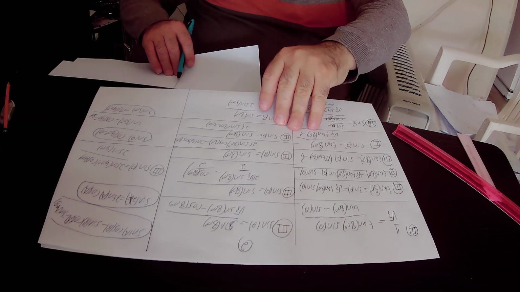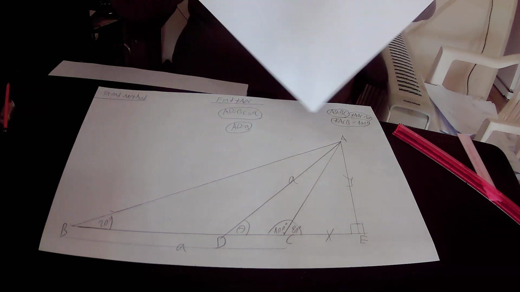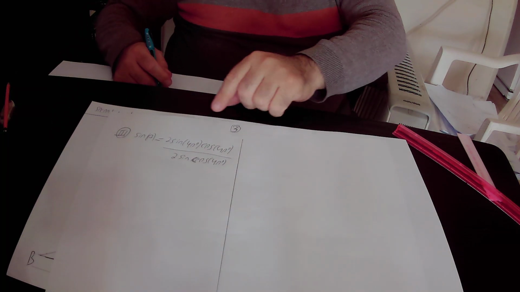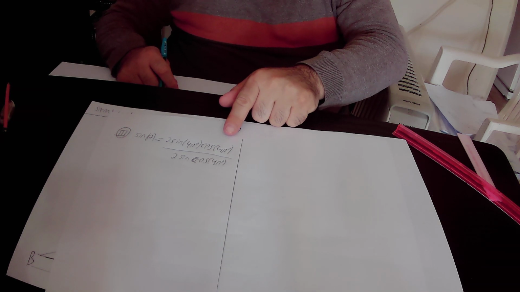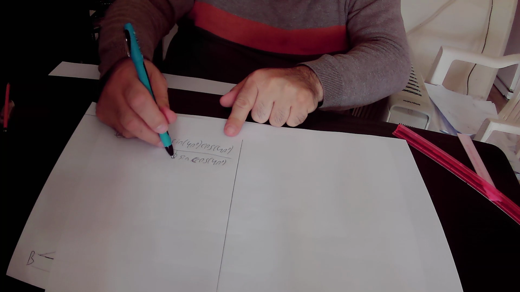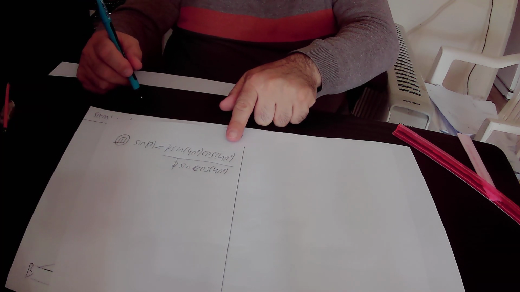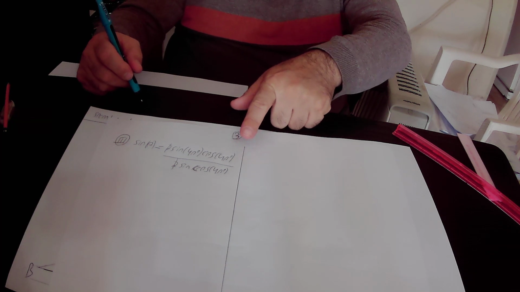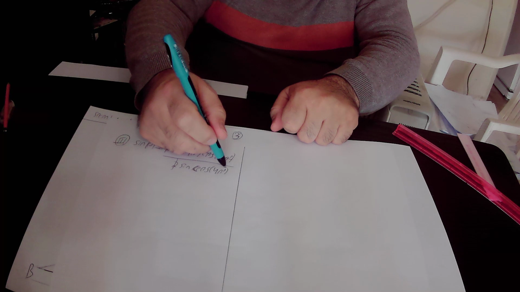So we actually found out that sine theta equals 2 sine 40 degrees cosine 40 degrees over 2 cosine 40 degrees. 2 over 2 is 1, so 2 will get cancelled. We have cosine 40 degrees in the numerator and cosine 40 degrees in the denominator, so cosine 40 degrees will also get cancelled.